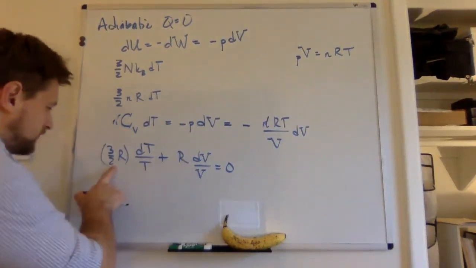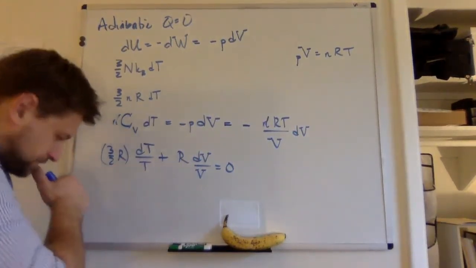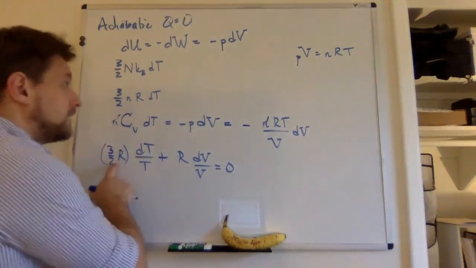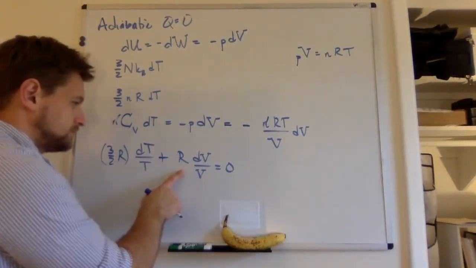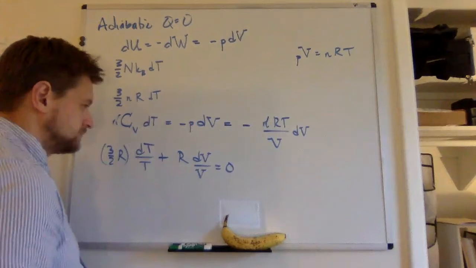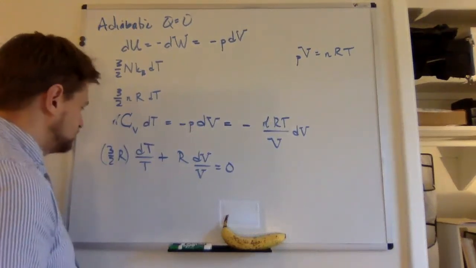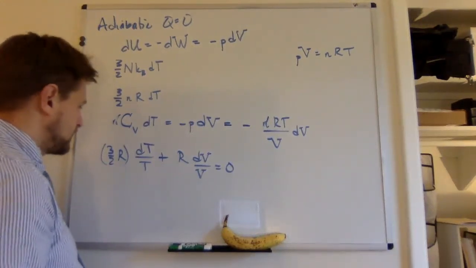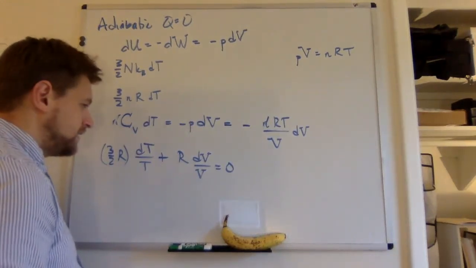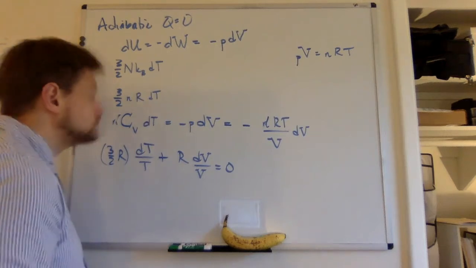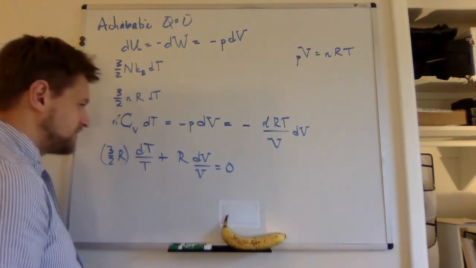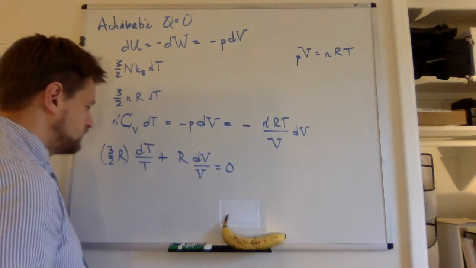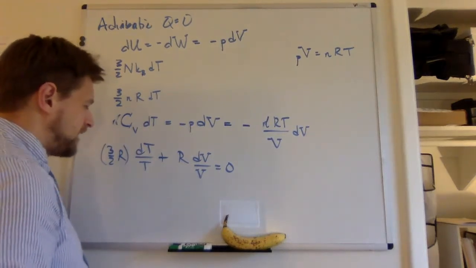Now, 3/2 R and R, what if we divide both sides by R?